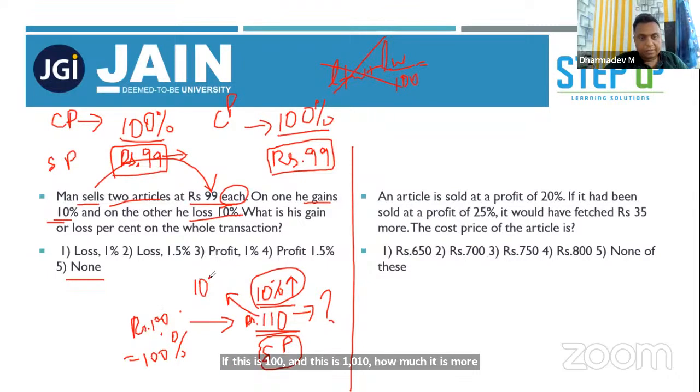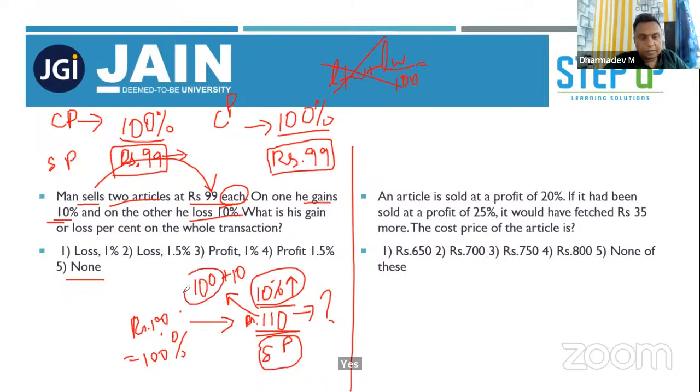Can I say it as 100 plus 10? 100 rupees is the price, sold it for 10 more. Is that correct? Yes? Okay. Now, this 100 rupees is how many percentage?